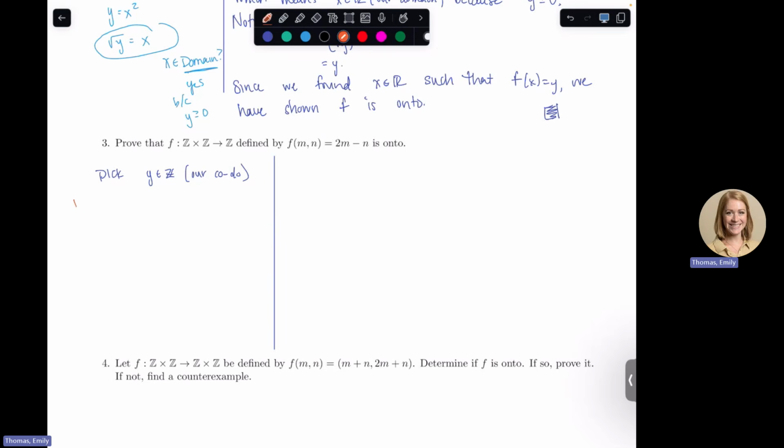And we want to find a, b, whatever, in Z cross Z, where f of (a, b) equals y.